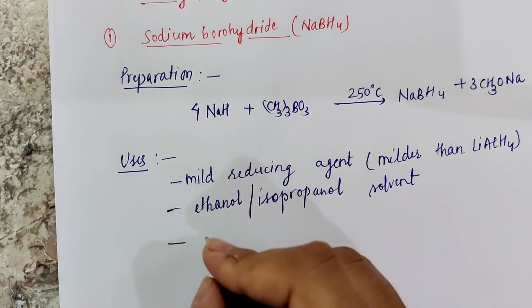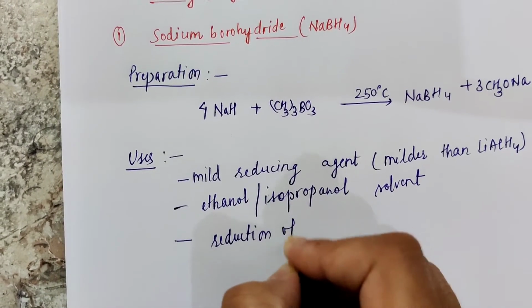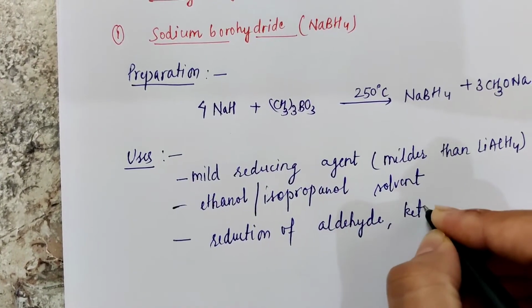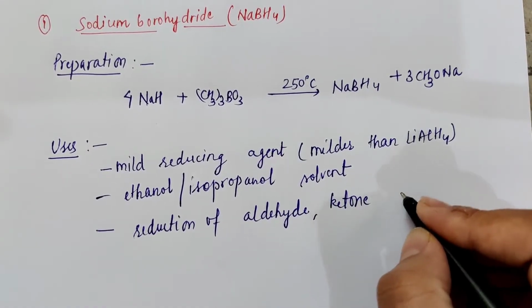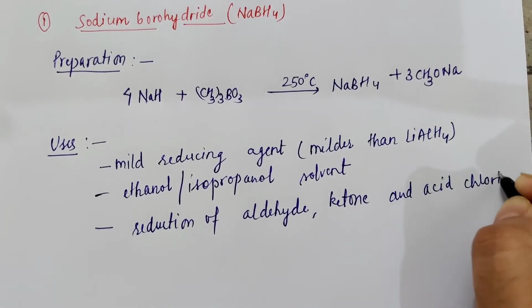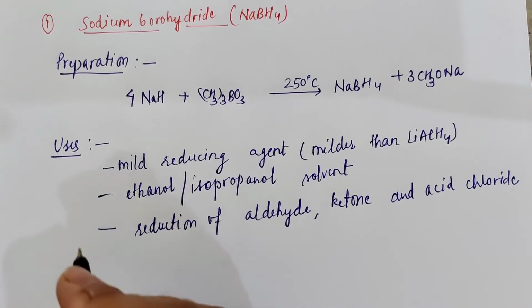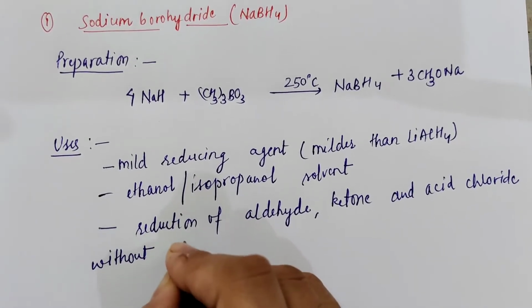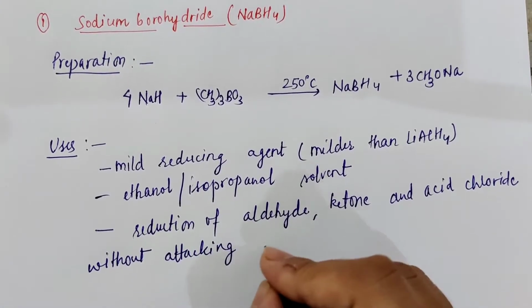It is used mainly for the reduction of aldehyde, ketone, acid chloride. It doesn't attack other functional groups such as acids, amides, esters and nitro compounds.